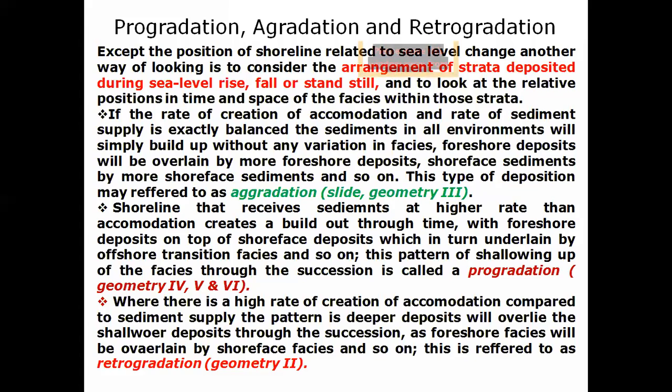Foreshore facies will be overlain by foreshore deposits, shore face sediments by shore face sediments, and so on. This type of deposition may be referred to as aggradation. So when there is no vertical change of facies, that type of pattern is called aggradation.